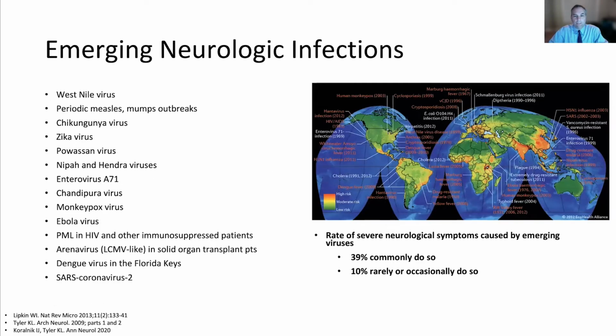One of the challenges for diagnosis in encephalitis, especially infectious causes, is the growing number of emerging and re-emerging infections that can cause neuroinvasive disease. This is an incomplete list here. And of course, this is all on our minds the last couple of years with SARS coronavirus 2.